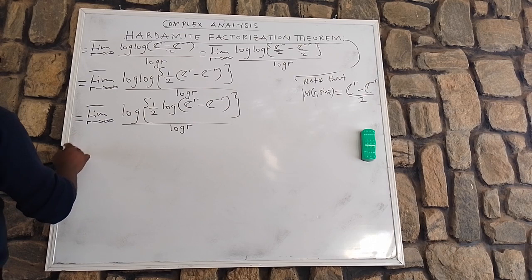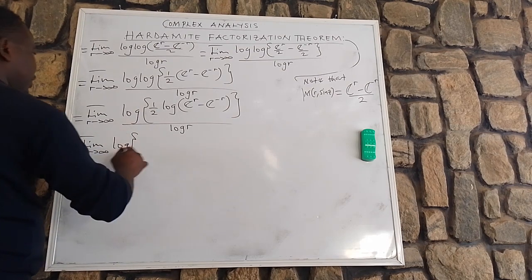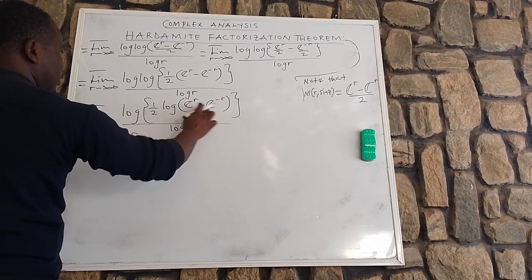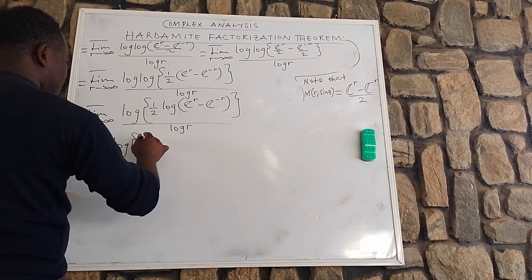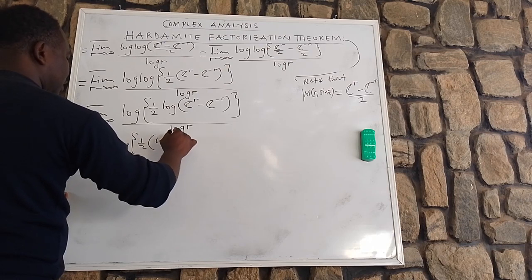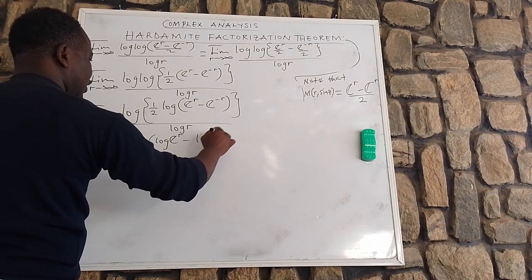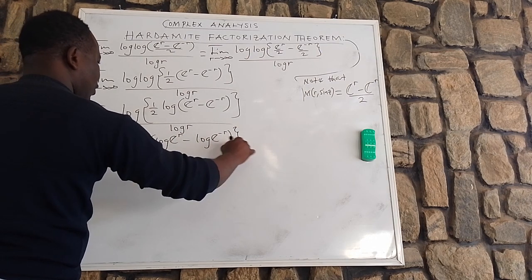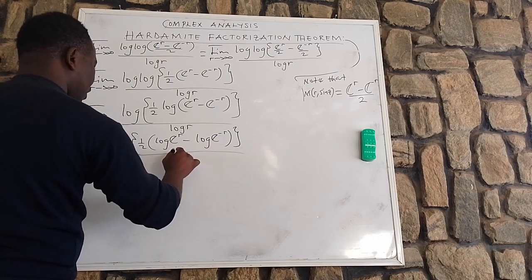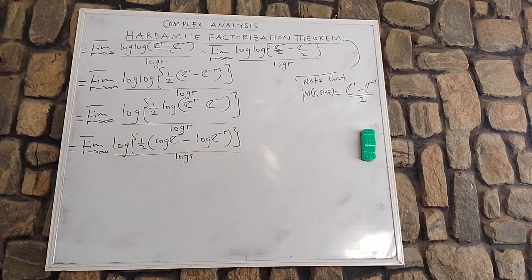The upper limit as R tends to infinity of one over two times open bracket: log e^R minus log e^(-R), close bracket, all over log R. Do you agree with me?